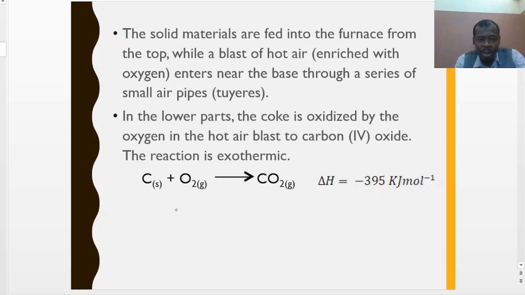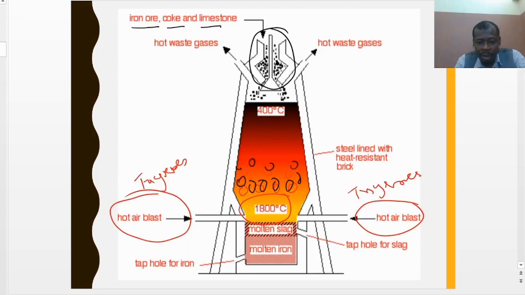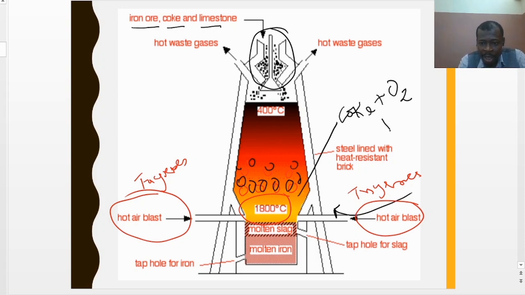So at the lower part of the furnace, we're going to have carbon reacting with the oxygen that is being inserted through the tuyeres. So we're going to have carbon plus oxygen, and that's going to give us CO2. So we'll be having coke plus oxygen gas to give us CO2.